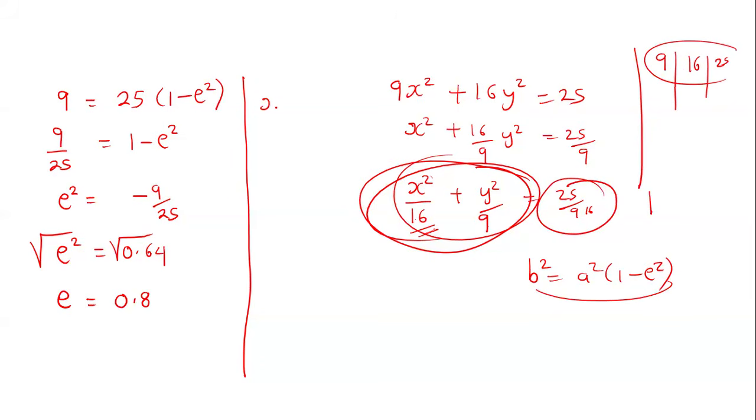Please take note, because I've told you that the standard one should be y squared out of b squared is equal to 1. So never calculate when this side is not equal to 1. That means you have to first make this side 1. That's why I think this is the best approach to use: 9, 16, 25, then you find what goes throughout. After doing whatever we are doing, make sure that you let it equal 1.